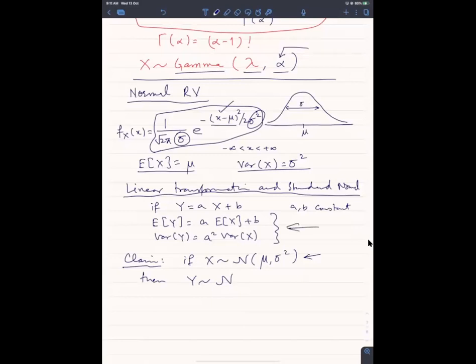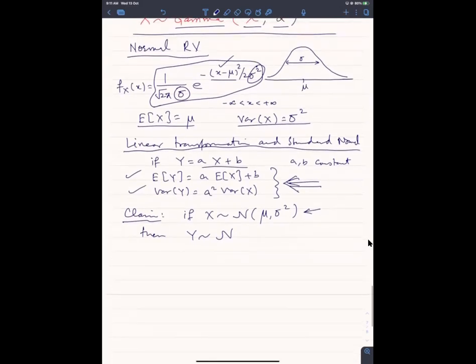These two expressions do not tell us what the distribution of y is. They tell us the mean and the variance of y. If we know the mean and variance of x, we can find the mean and variance of y. But these equations do not tell us, if x is normal, what the PDF of y is. Will y be normal or not? The answer is that a linear transformation of a normal is also a normal. So if x is normal, then y will also be normal.